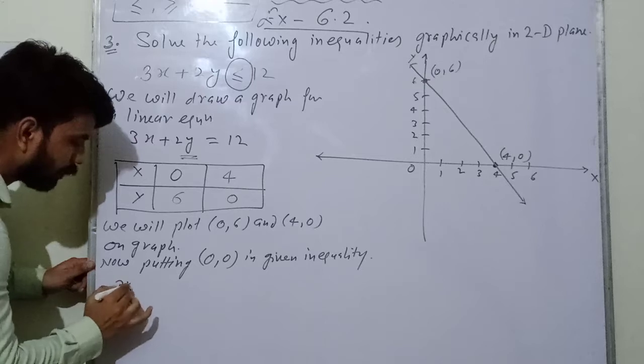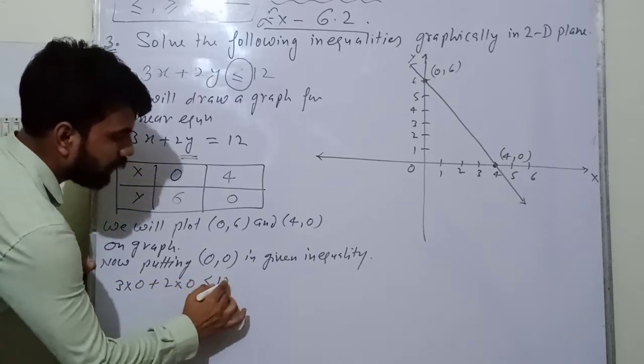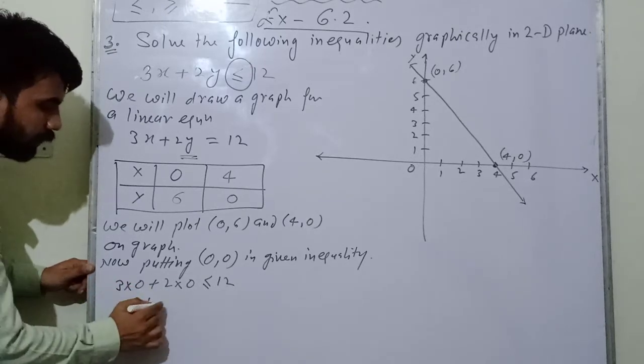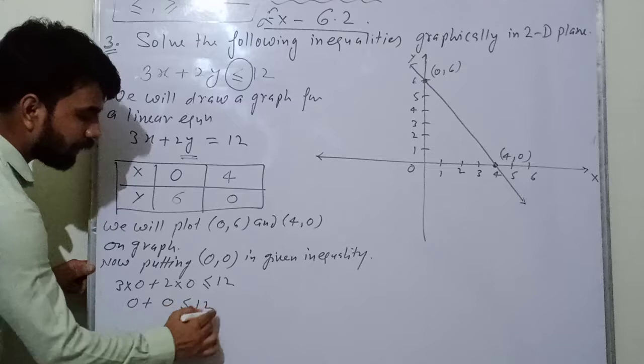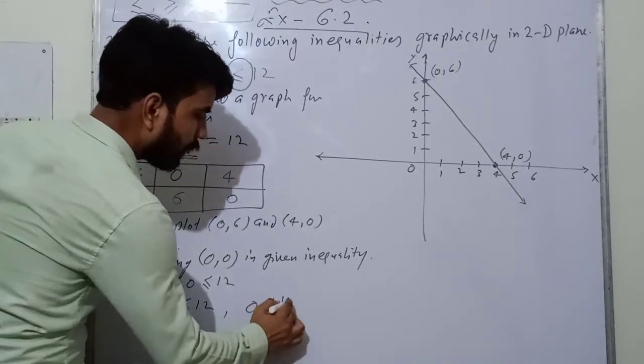So 3 into x, which is 0, plus 2 into y, which is 0, is smaller than or equal to 12. 3 into 0 is 0 plus 2 into 0 is 0. 0 plus 0 is what? 0 is smaller than 12.